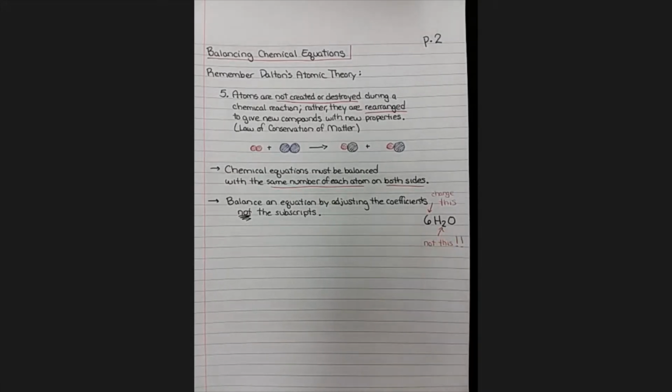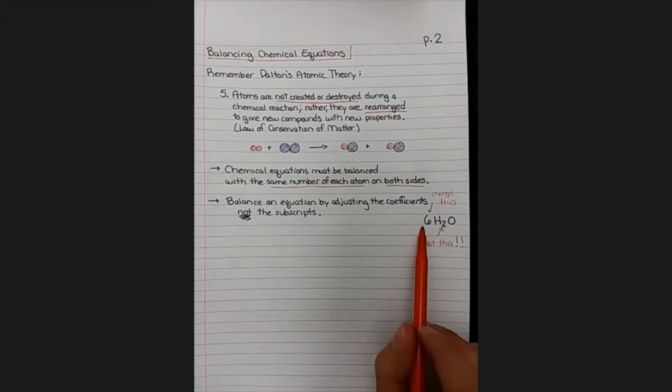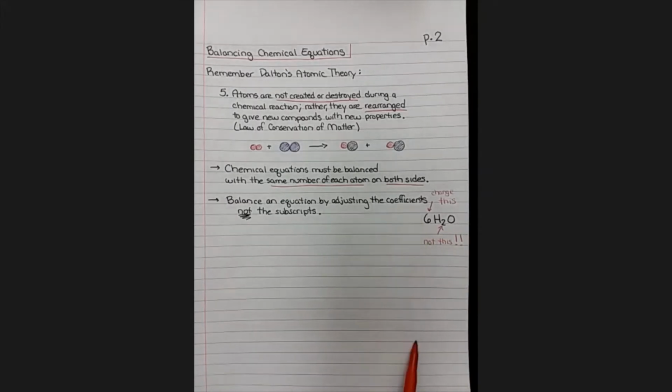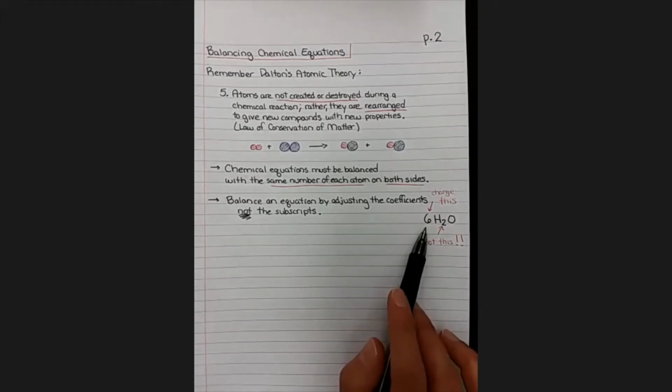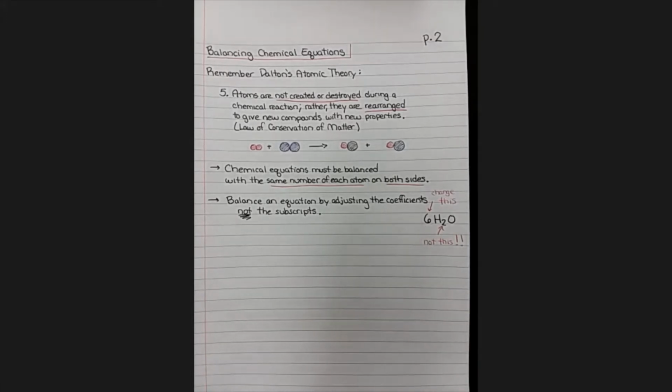H2O and H3O or H1O, those are fundamentally different compounds, and we've completely changed the reaction. By changing the number in the front, we are just changing how many waters, 6 water molecules or 5 water molecules or 4. That's just part of the ratio.